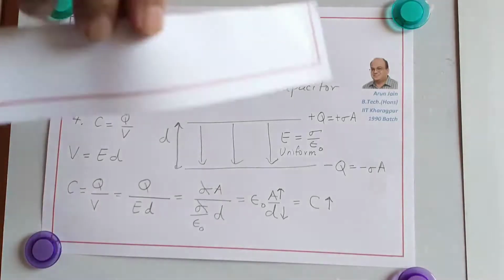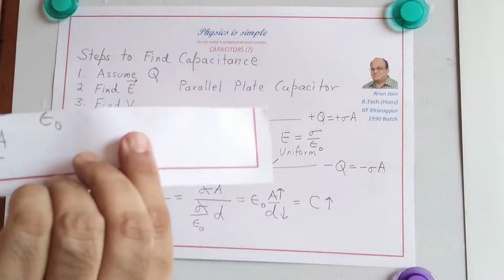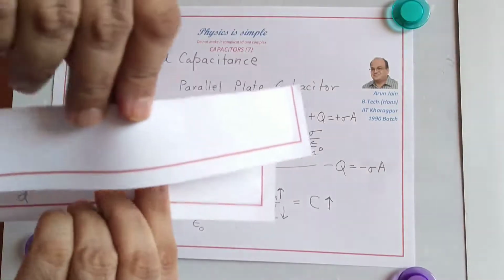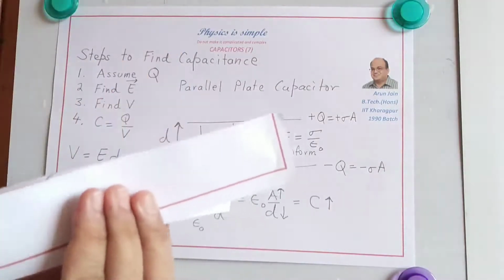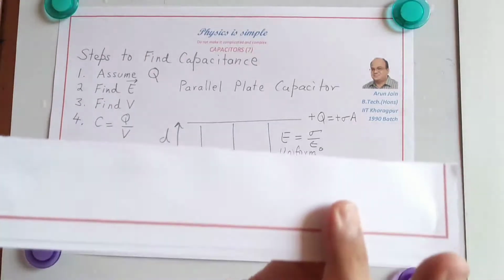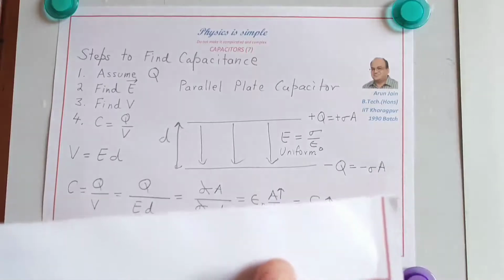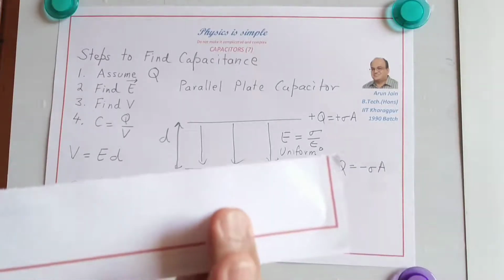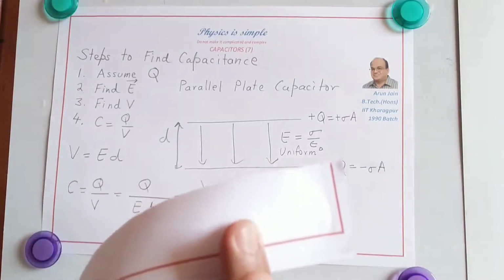Let us assume that this is one plate, this is the other plate. Now if you keep this plate on this, then the area of the plates is large. This area is large, and the distance is small.